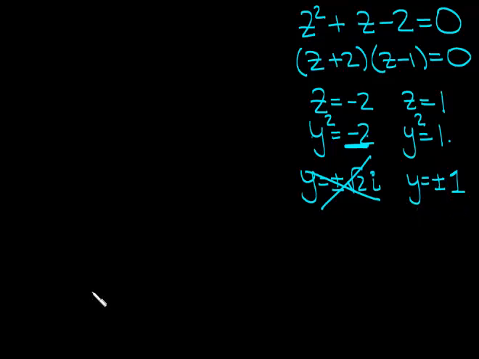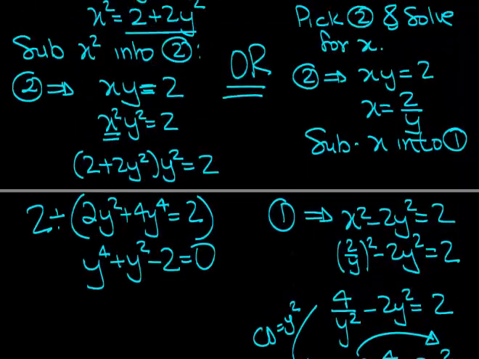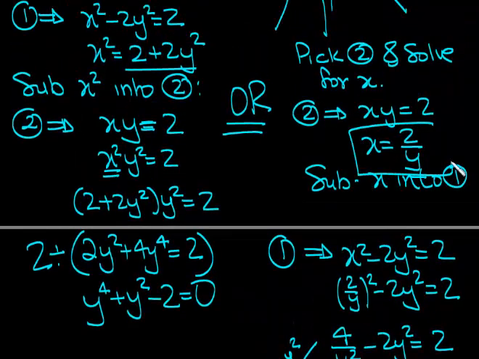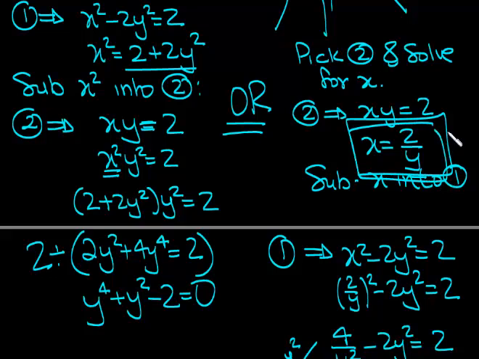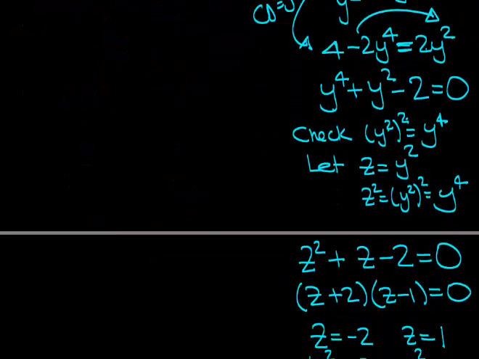So we found 2 values of y, so now we have to find the corresponding value of x. So what is x? Let's go back up here. This is what x was, if you remember that. X was 2 over y, so let's do that.